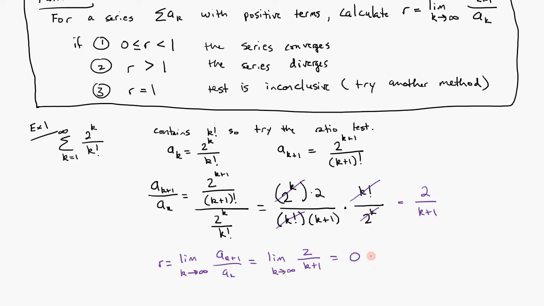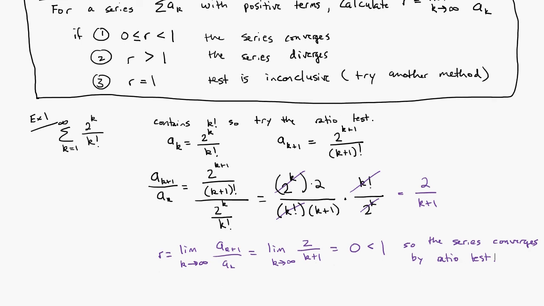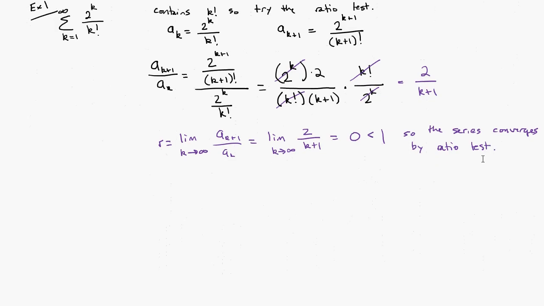And this is strictly smaller than 1, and so this says that this series converges. So this was the first example of the ratio test. Let's look at another example.